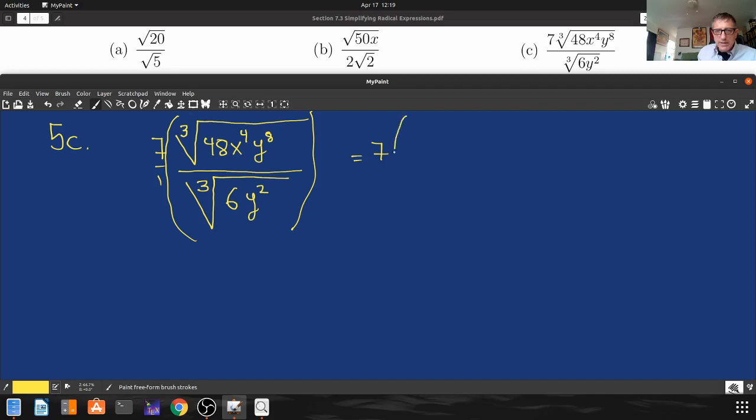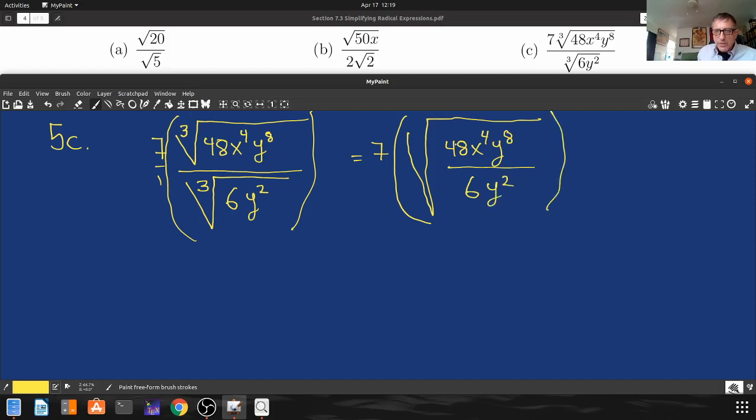So that's 7 times, now I'm using the quotient rule, and our index is 2. That may come into play. 48x to the 4th y to the 8th divided by 6y squared. So I can definitely simplify this expression under the radical. So let's do it.